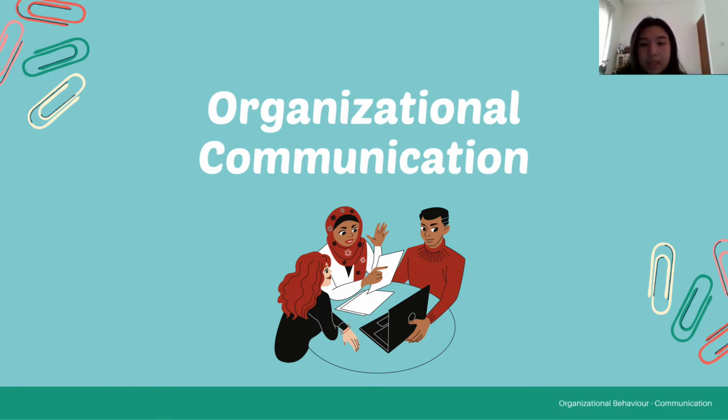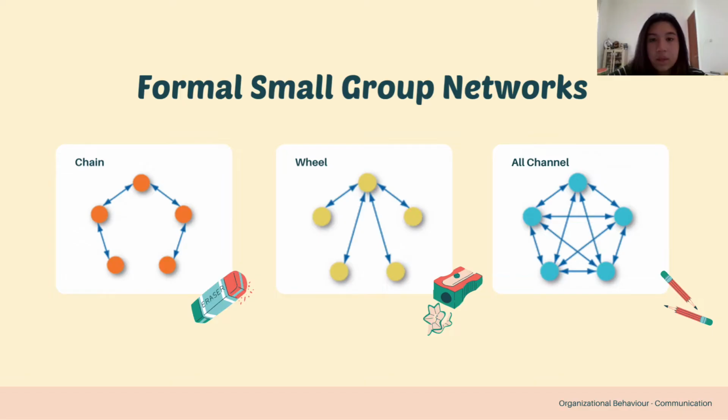So I'm going to explain the next learning objective, which is organizational communication. In organizational communication, there are formal small group networks, which are divided into three models: the chain model, the wheel model, and the all channel model. In the chain model, we can see the three levels of the organization, which are the top, bottom, and the middle.